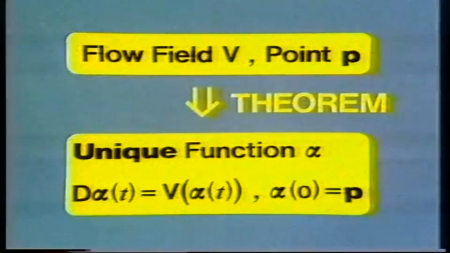So that does it. We've finally shown the existence of a unique function satisfying all the properties we've been assuming for e to the power t. So let's just summarise how we did it. Our theorem told us that given a suitable flow field, there's a unique flow function starting at each point.